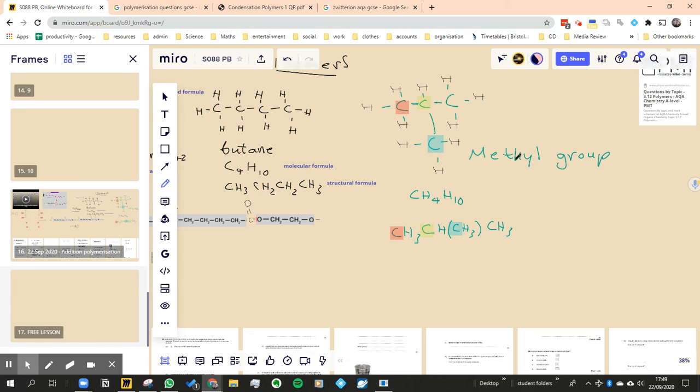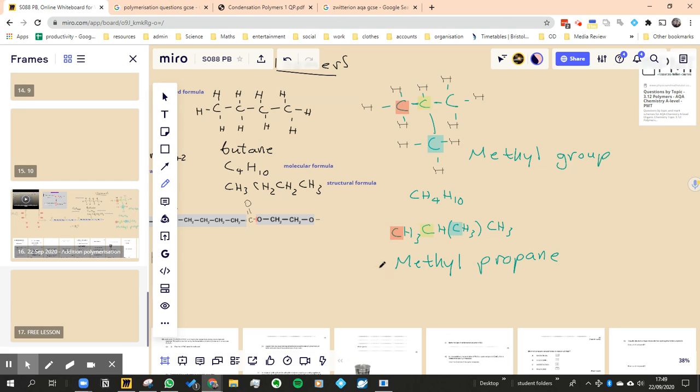Methyl, meth, because it's one carbon, and then it's attached to another chain of carbon, so it's called a methyl group. And then what would we call it? Well, we would call it methyl propane.